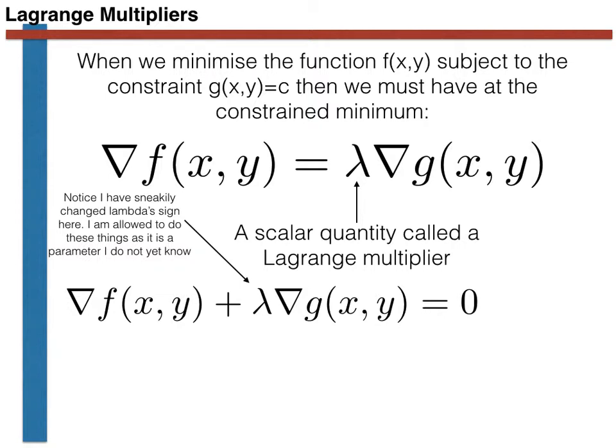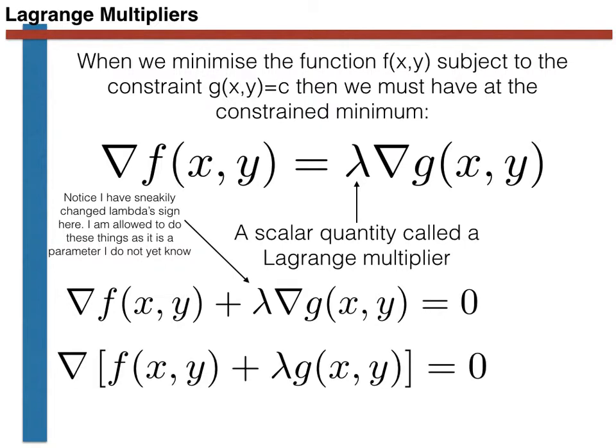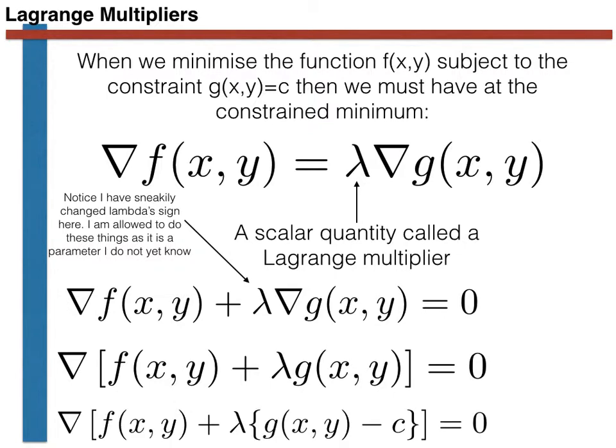We then remember that the derivative operator, the nabla symbol, the upside down triangle, has the distributive property, which allows us to write the following. In the final step, we then change the g of x and y into a g of x and y minus c, which we can do because we know that if we take the derivative of the constant c with respect to either x or y, we will get 0.